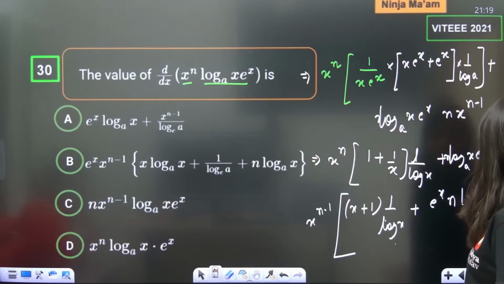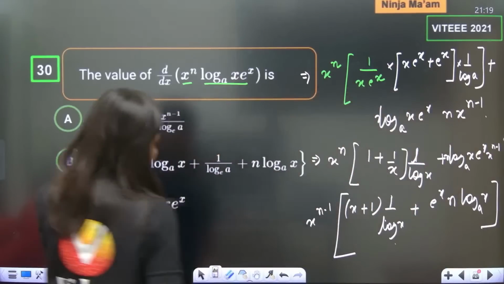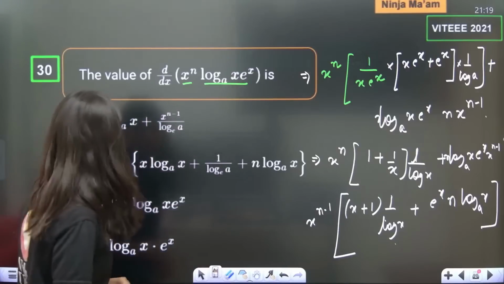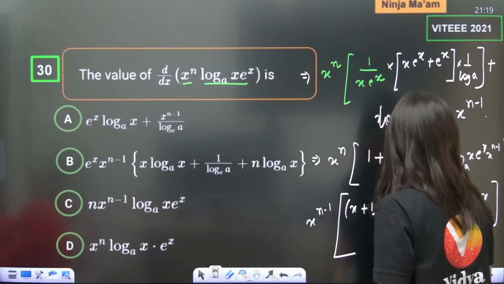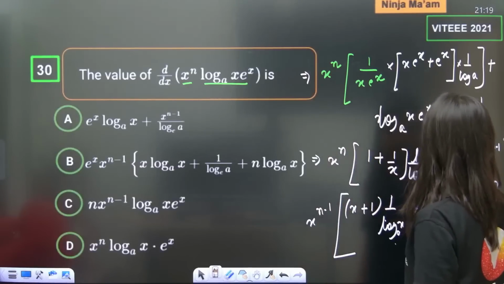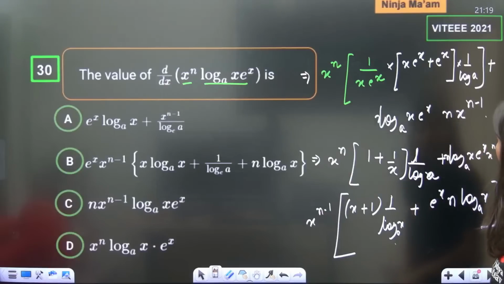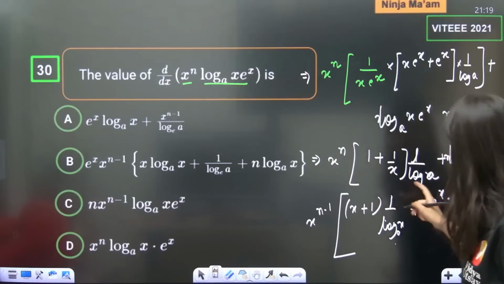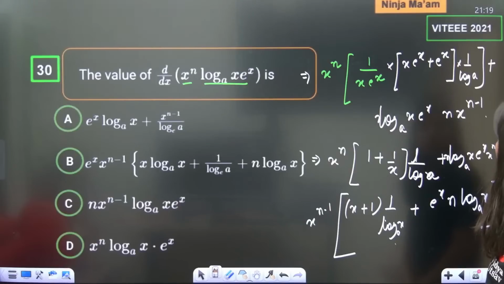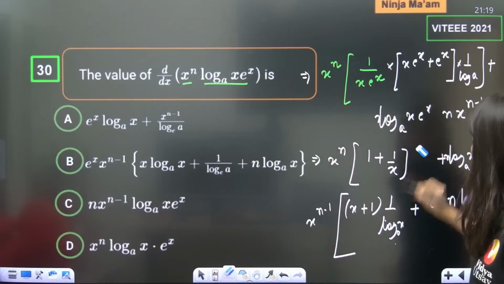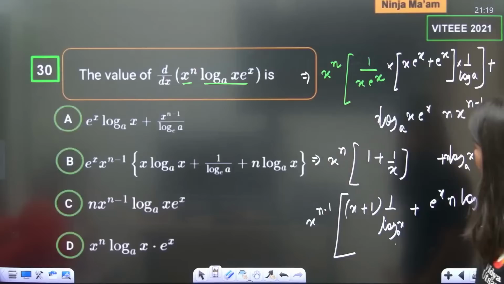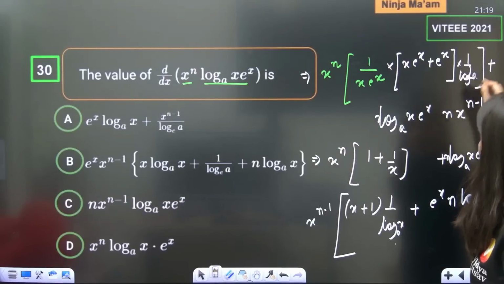This is n log of x to the base a. See? So can you see that, okay, this is log of a, correct? Log of a. Hold on. Log of a to the base. This is 1 by log a. Need to divide or multiply? Need to multiply, right?